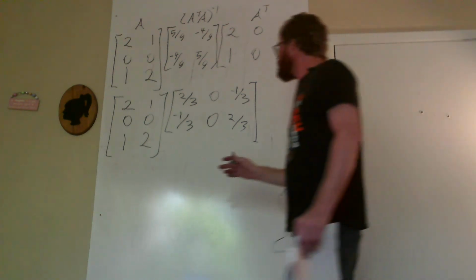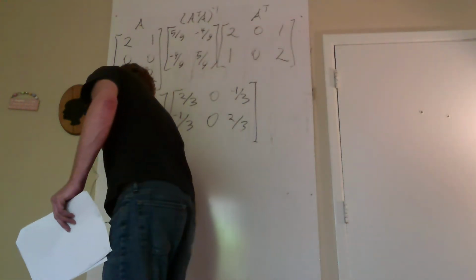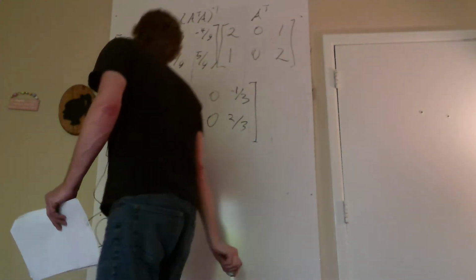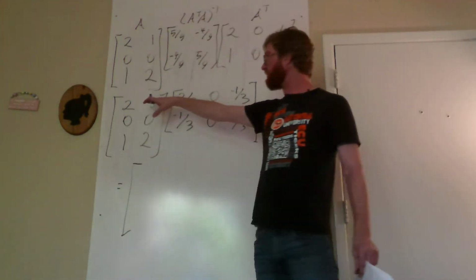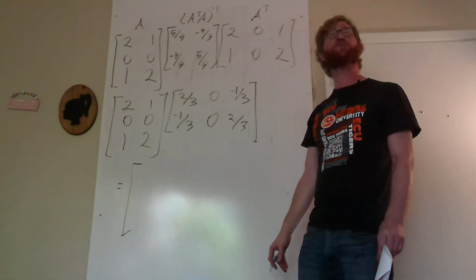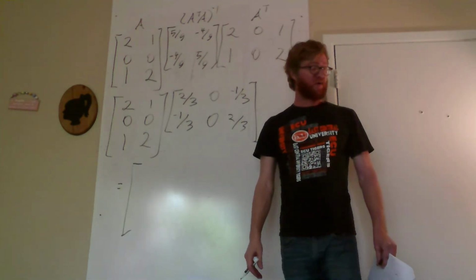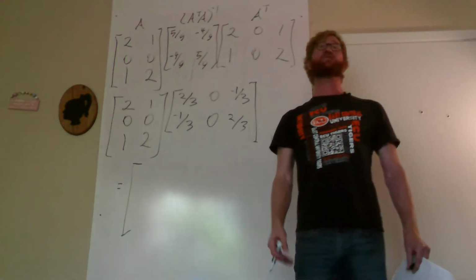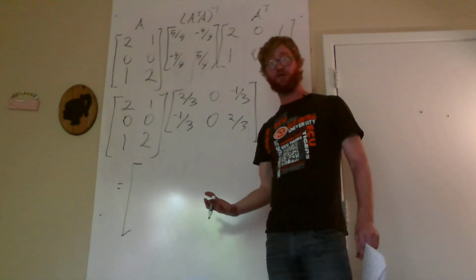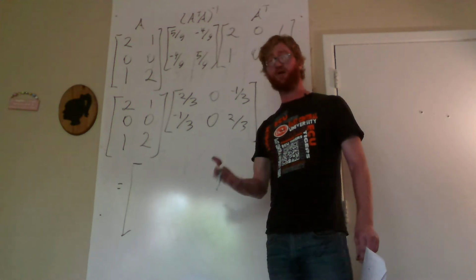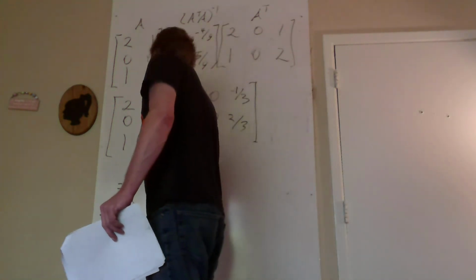All right? So this is a 3 by 3. We'll make it a little bit bigger. We're having 2, 1 acting upon 2/3 and negative 1/3. 2 multiplying by the 2/3 is 4/3, and 4/3 minus 1/3 would just be 3 over 3, which is 1.